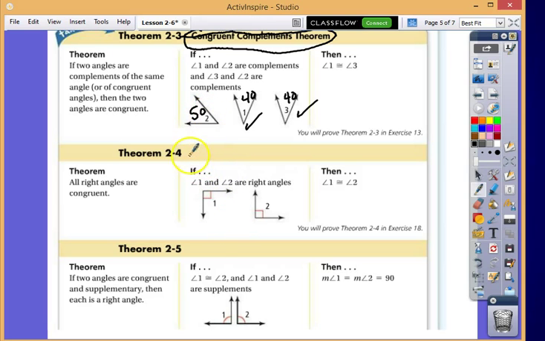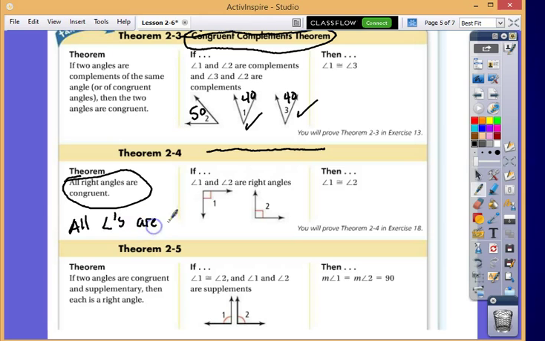All right. Theorem 2.4 is really a theorem that doesn't have a title. So instead of a title, we're just going to have to write what it is. On the front of your note card, write all angles are congruent. And you can abbreviate if you want to. All right angles are congruent.